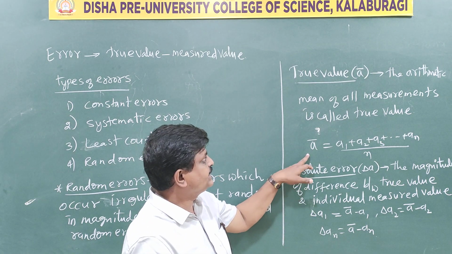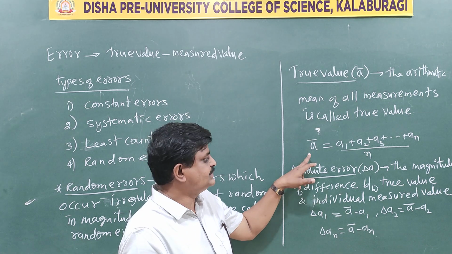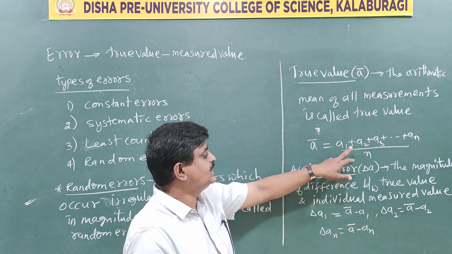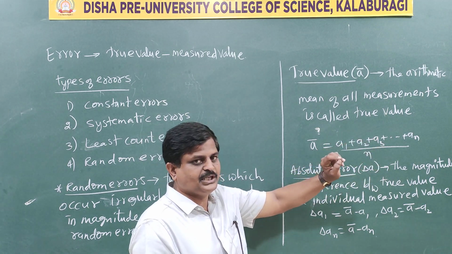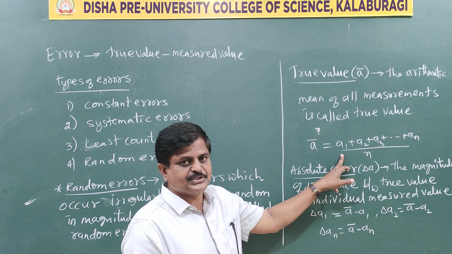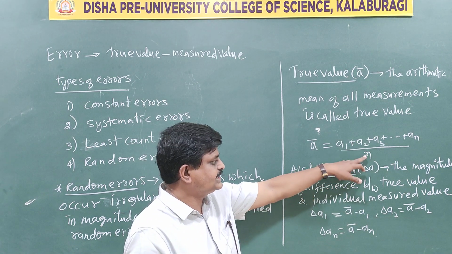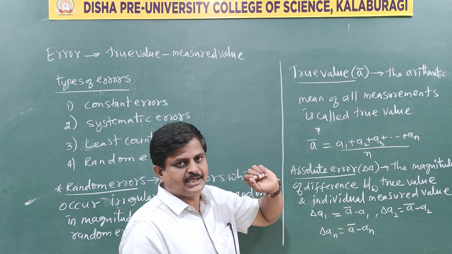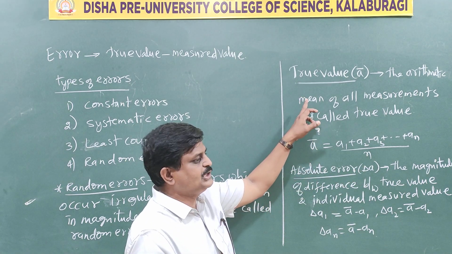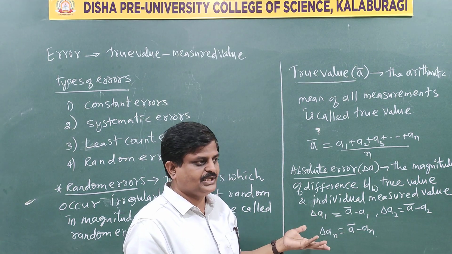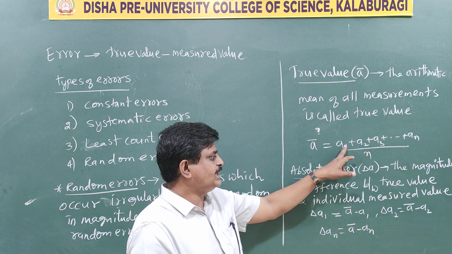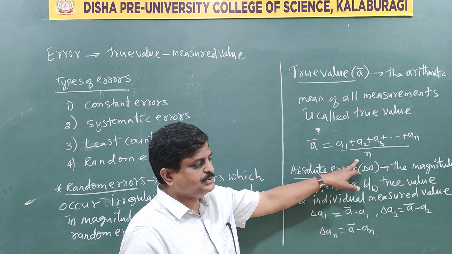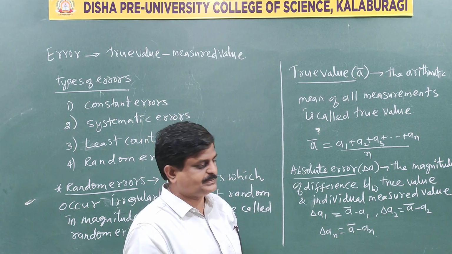Then the true value is equal to the sum of the individually measured values A1, A2, A3 up to AN, divided by n, since the number of terms involved is n. For example, if you are taking 3 trials, you add the 3 trial values and divide by 3. That will give you the true value in that experiment.